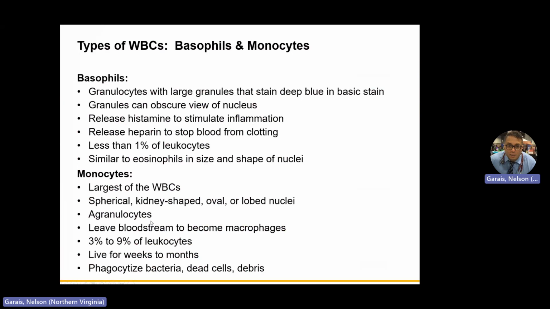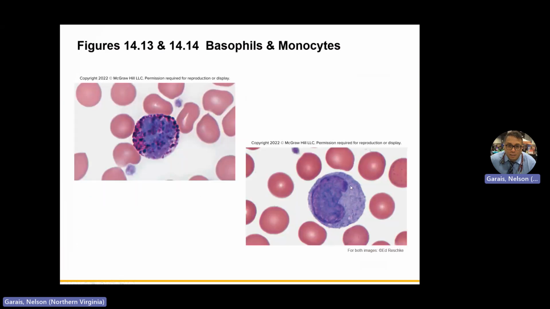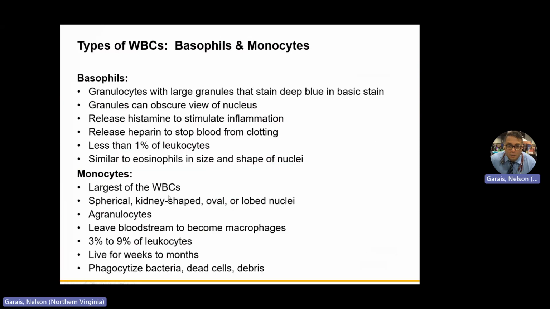Monocytes are the largest of the white blood cells, and they can turn into something even larger called macrophages. They're considered agranulocytes. They have granules here, but they're not as pronounced as the granulocytes here. So this is a monocyte, and this one here is a basophil.